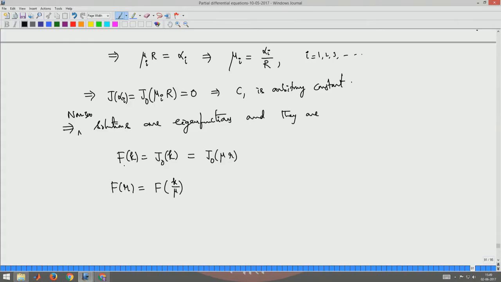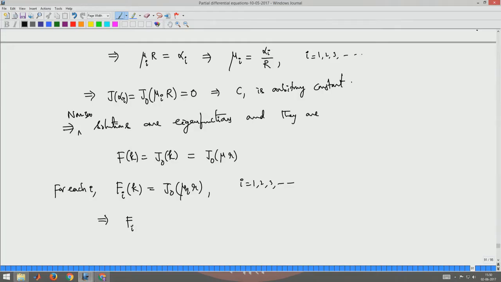So, you write like this. For each alpha I, for each mu I, you can define phi I of k as J0 of mu I into R, where I is running from 1, 2, 3 onwards.